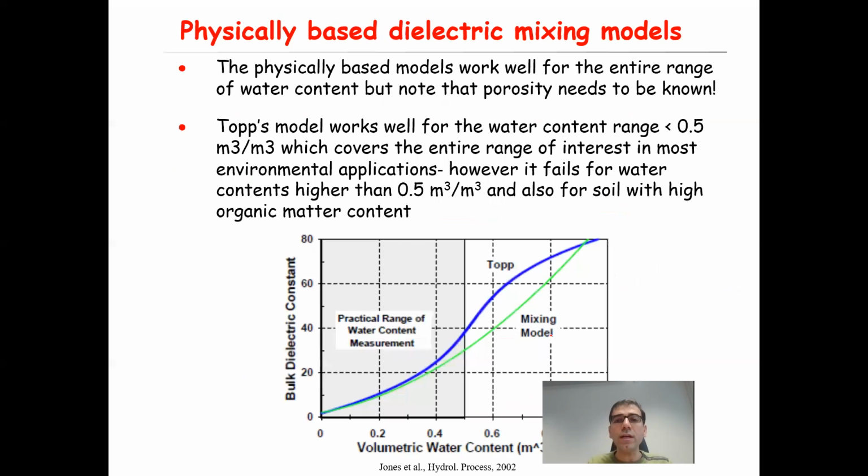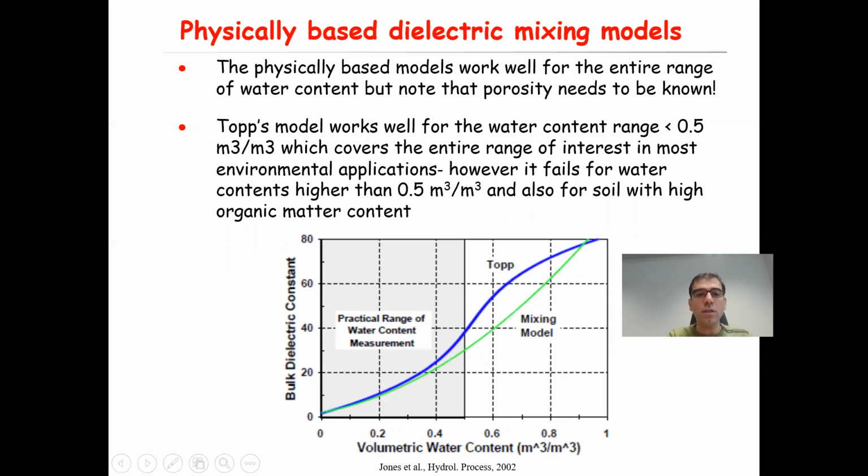Okay, so you can compare the performance of this model. So that is the bulk dielectric constant versus volumetric water content, and the green is the mixing model. Okay, and the blue one is the approximation, the TOPS approximation, which is an empirical equation.